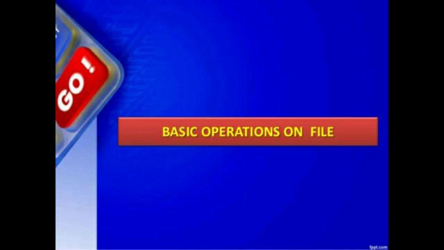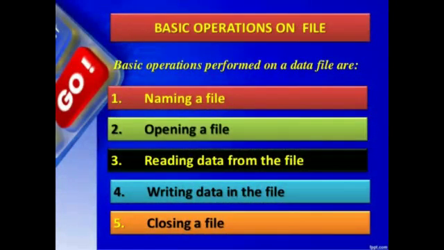So the three main steps are: first we open the file, second we perform the operation, and last we close the file. The basic operations performed on a data file are naming a file, which means creating a file, opening a file, reading data from the file, writing data in the file, and closing a file.